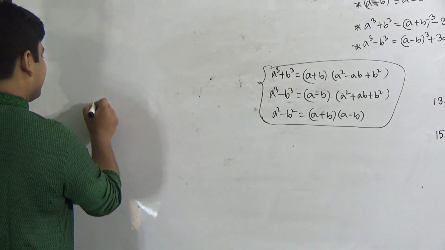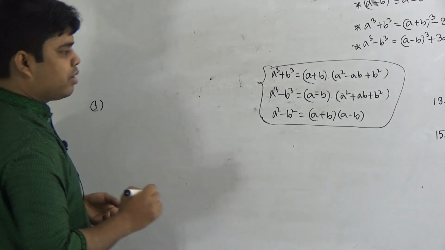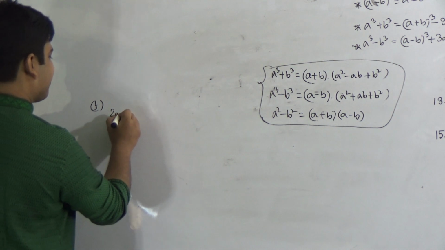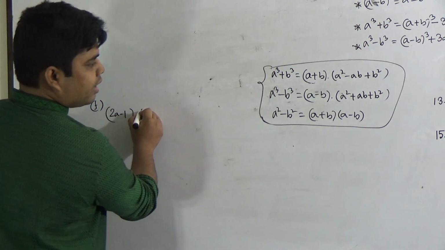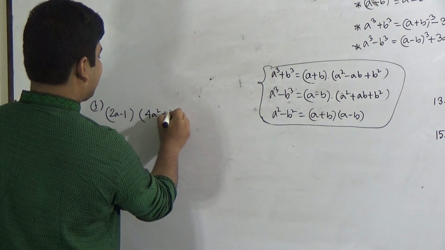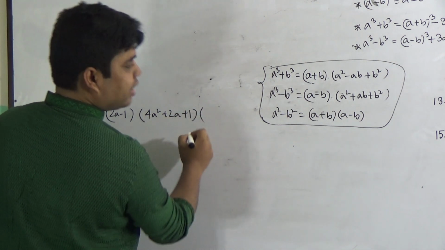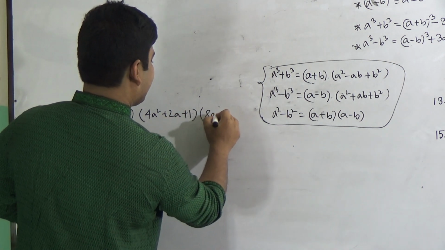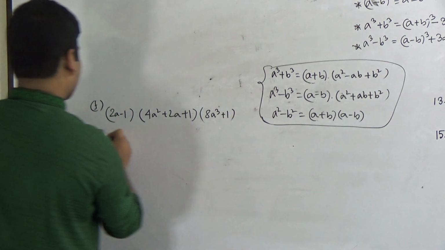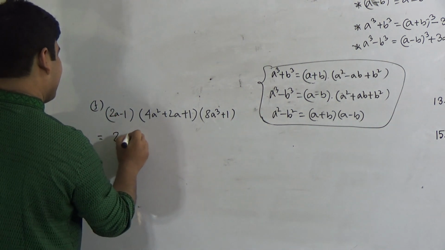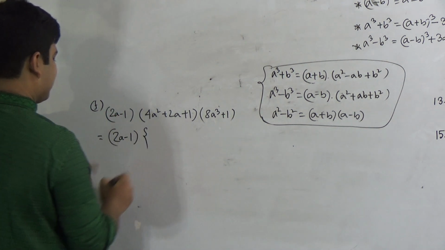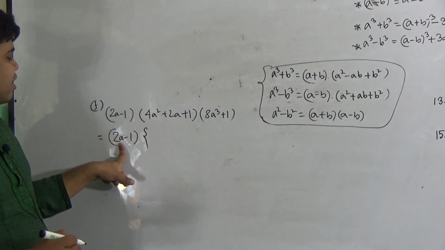Question number F is, first of all we pick up this question, which is (2a minus 1) and here (4a square plus 2a plus 1) into (8a cube plus 1). Okay. So 2a minus 1, this 2a means a and 1 means b.